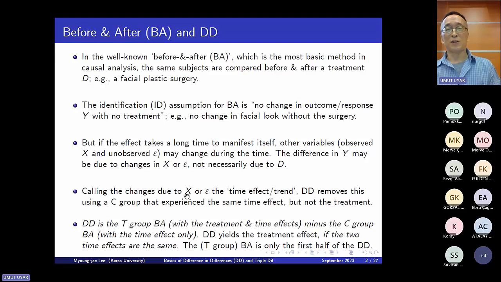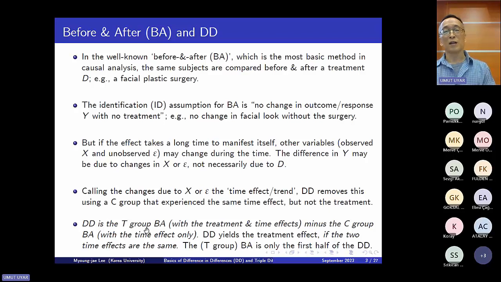So what DD does to remedy this problem in BA is that DD finds a control group, the C group, that probably experienced the same effects due to X or epsilon, but not the treatment itself. So DD is essentially a BA of the treatment group, which contains the treatment effect and time effect. Here, time effect refers to effects due to X or epsilon.